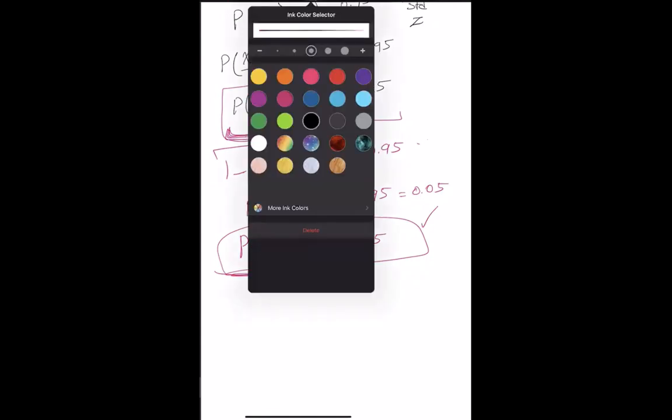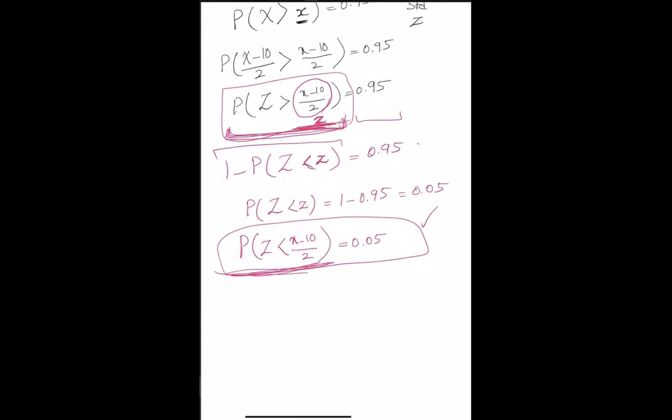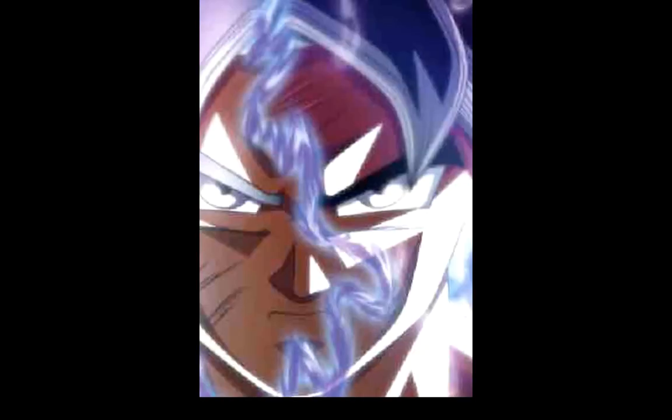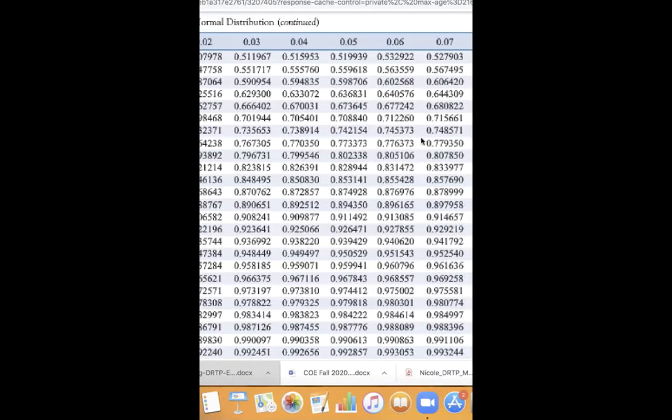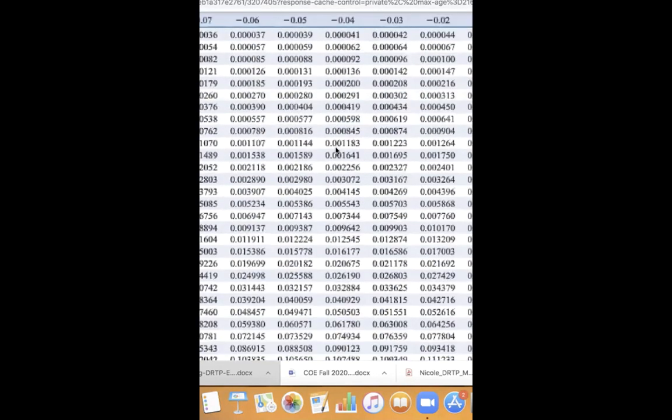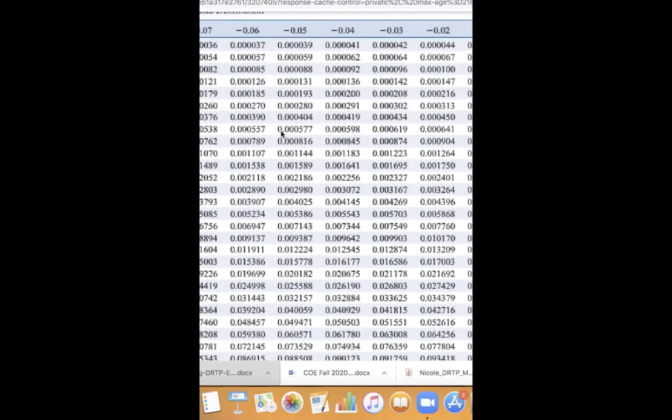Well, you find the 0.05 on the chart that corresponds to a z. Let me stop here and share my screen. So you can see my z table, right? Yeah. So remember, in the z table, the values that you see in the body of the table are the probabilities.